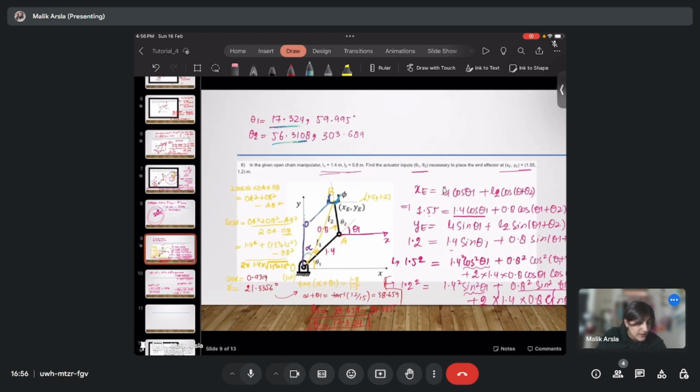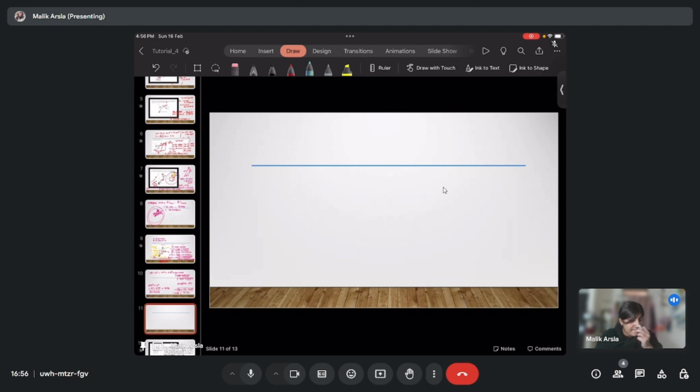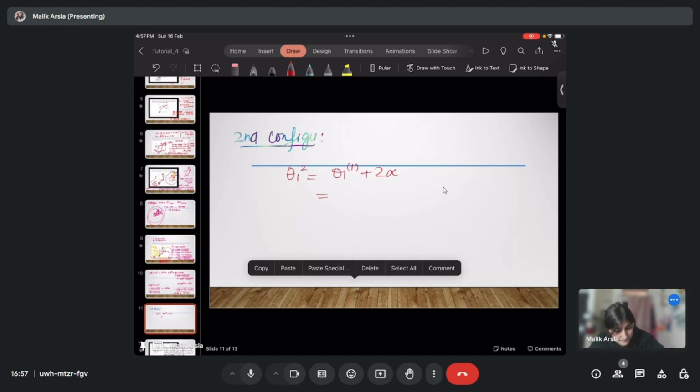So for the second configuration, this will be your theta. It will be theta 1 plus 2 alpha. So for the second configuration, you can write theta 1 as theta 1 which we calculated in the first configuration plus 2 alpha. What was the theta 1 in the first configuration?